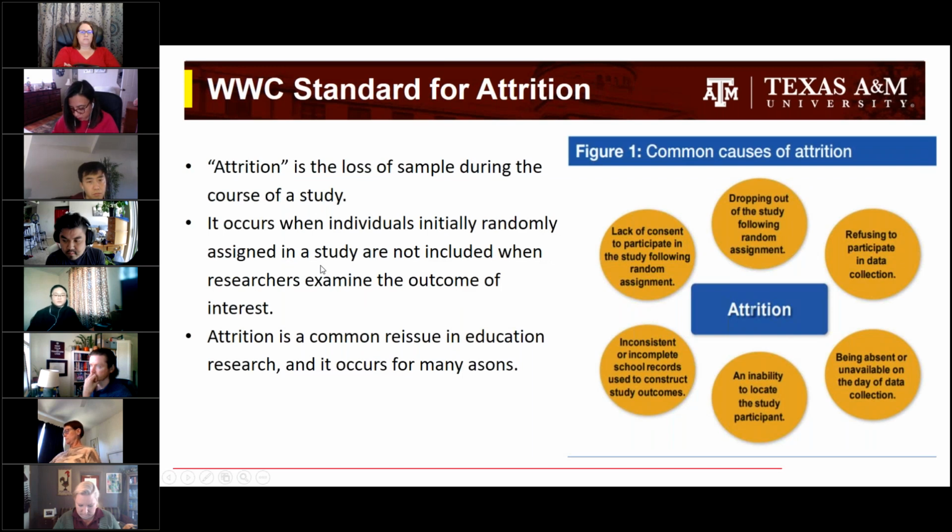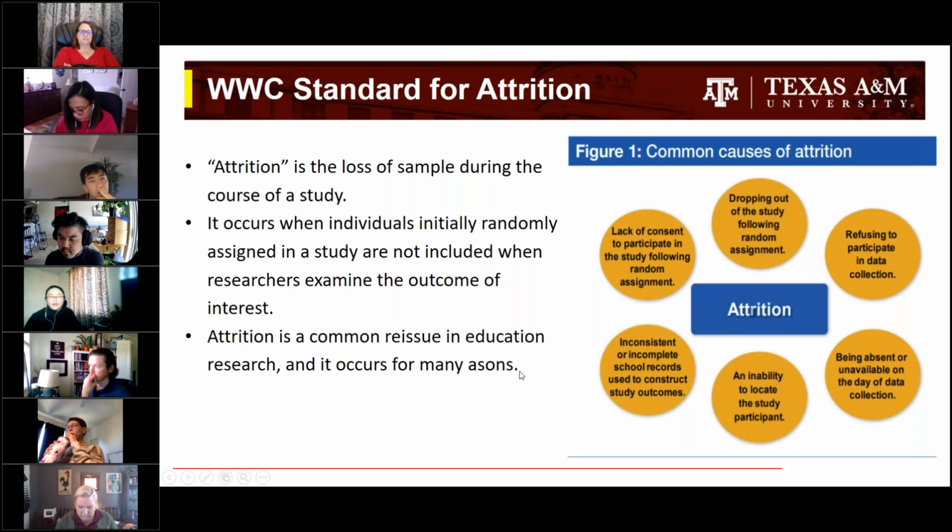So next we will talk about attrition. Attrition is a loss of sample during the course of a study. It occurs when individuals initially randomly assigned in a study are not included when researchers examine the outcome of interest. So those participants were randomly assigned to different conditions and may have taken the pre-test, but they do not have the post-test as the outcome. Attrition is a common issue in education research, and it occurs for many reasons.